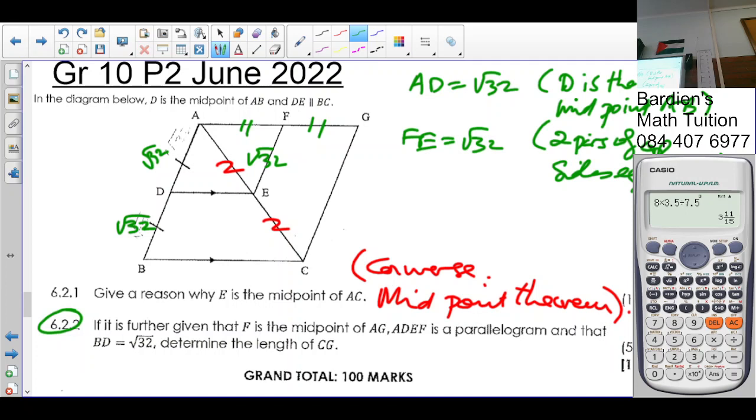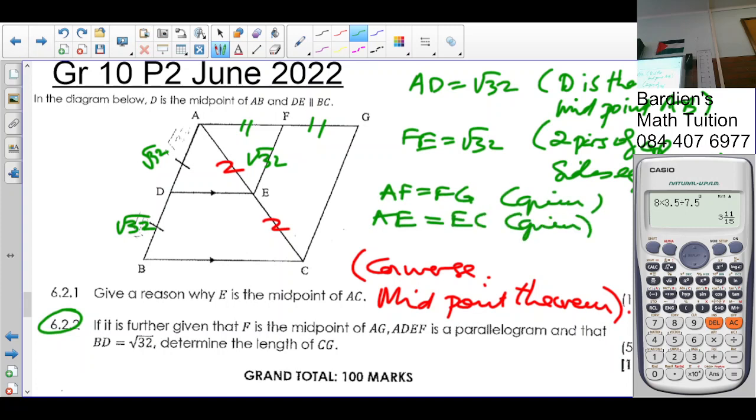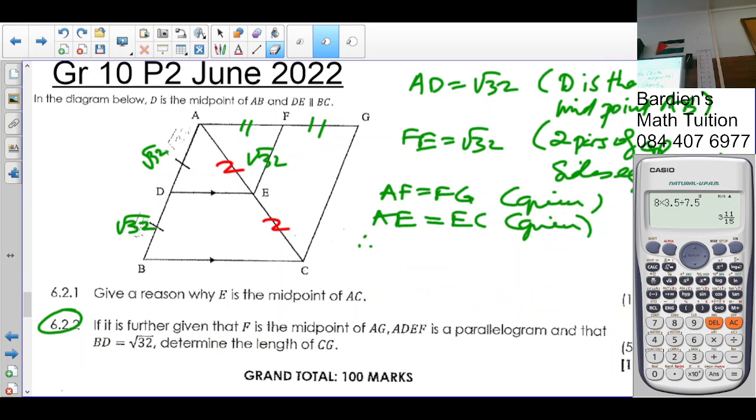Then, since AF is equal to FG, that is given, and AE is equal to EC, that's also given, the midpoints are connected. Therefore, FE is equal to half of GC.